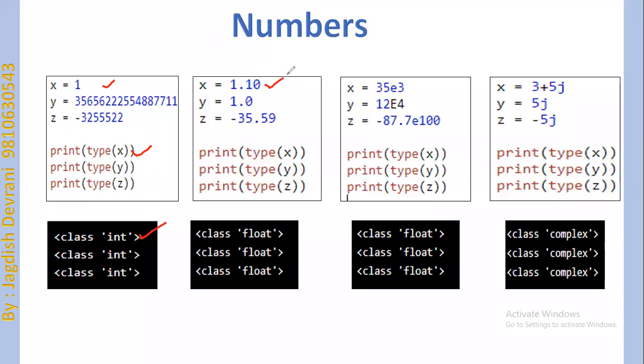X equal to 1.10, when I say type of X, it gives me float. X equal to 35E3, or minus 87.7 something, when I say type of X, Y, or Z, it gives me float. X equal to 3 plus 5J gives me complex data type. So these are certain number data types segregated in terms of integers, float, and complex.